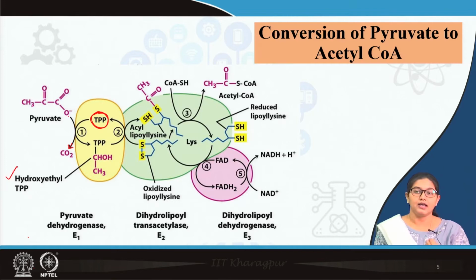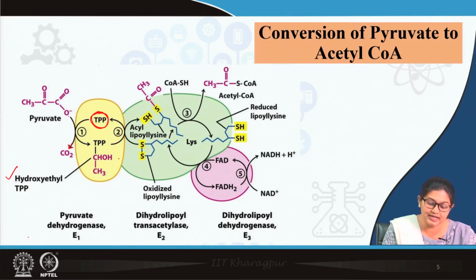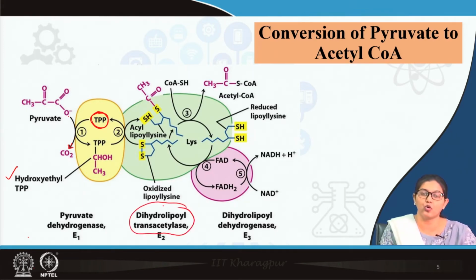Then in the second reaction, with the help of pyruvate dehydrogenase, this acetyl group is transferred to the core enzyme. What is the core enzyme? Dihydrolipoyl transacetylase. This is the core enzyme, and in this core enzyme there are 2 sulfhydryl groups.